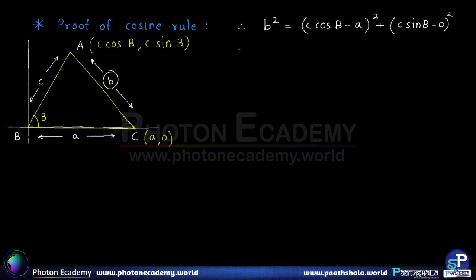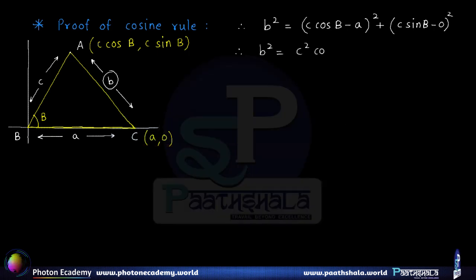Therefore we get b square is equal to c square cos square B minus 2ca cos B plus a square plus c square sin square B.